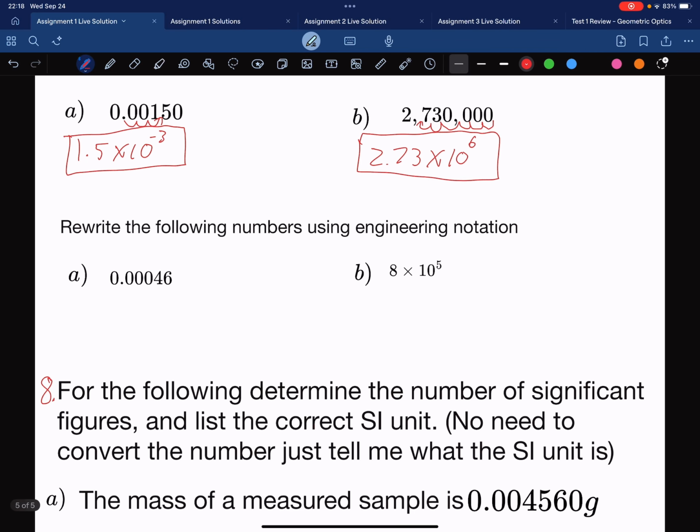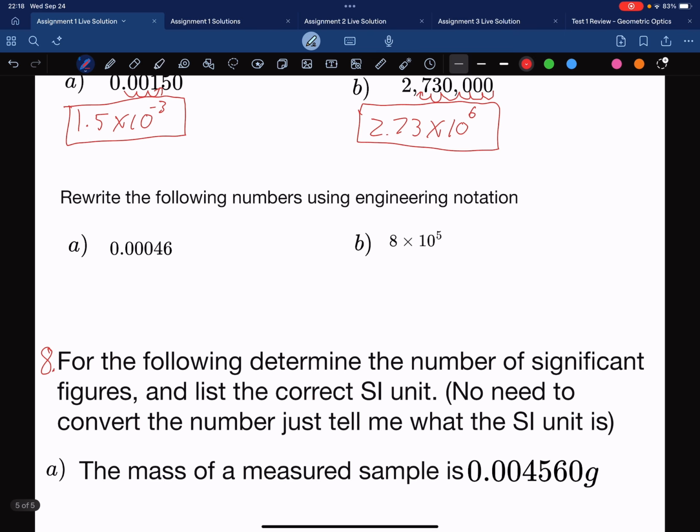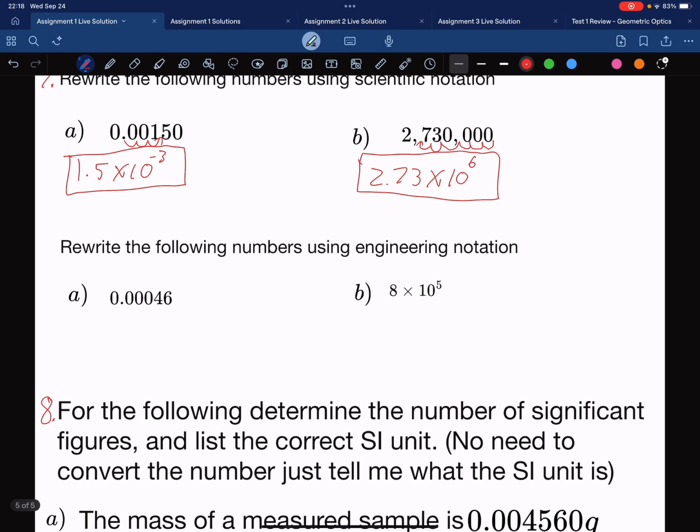So rewrite the following numbers using engineering notation. So this means scientific notation, but with multiples of 3 in the exponent. Now, I did not give you any units at all.